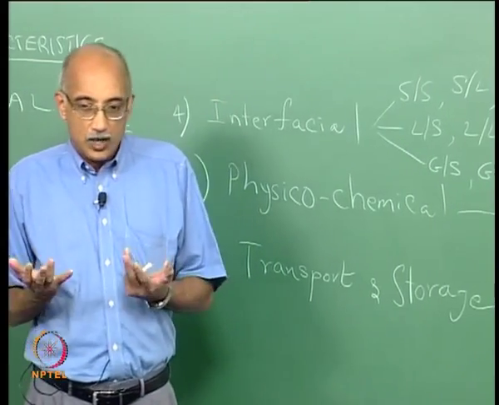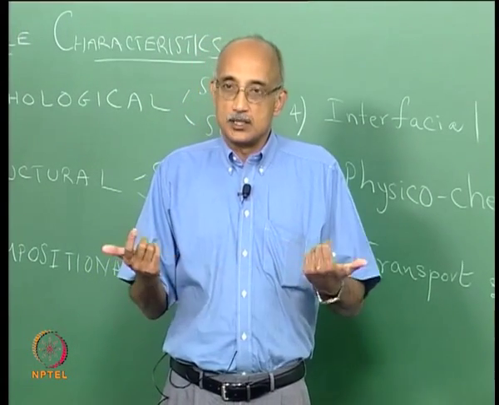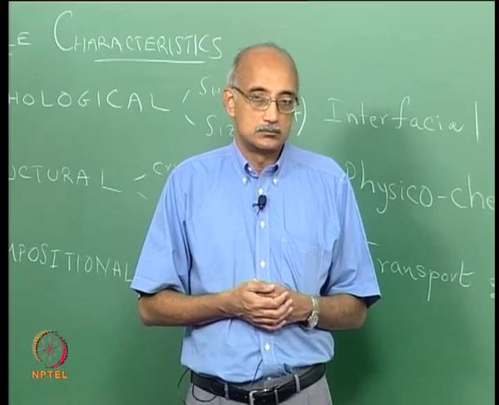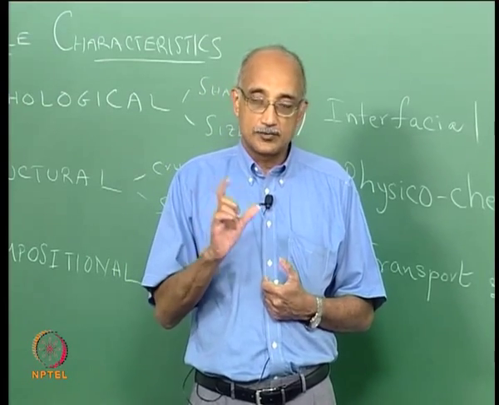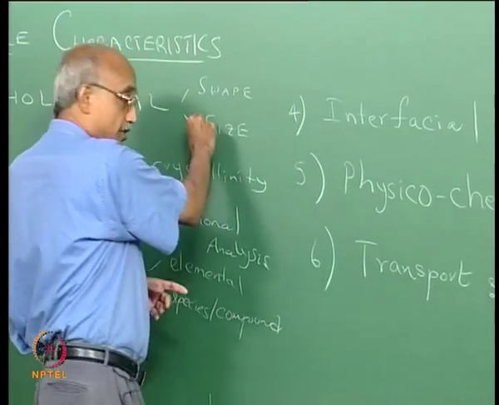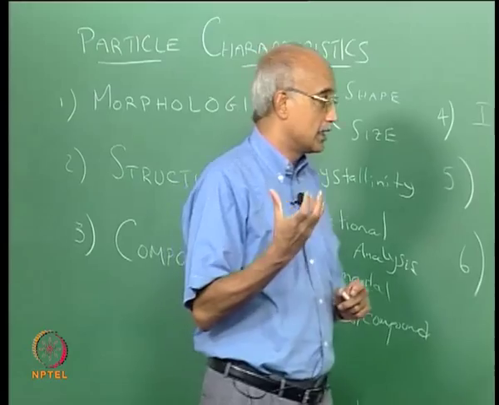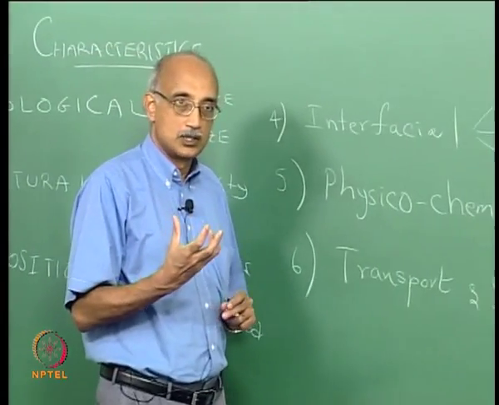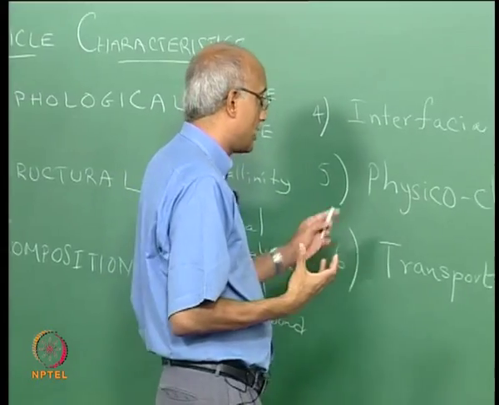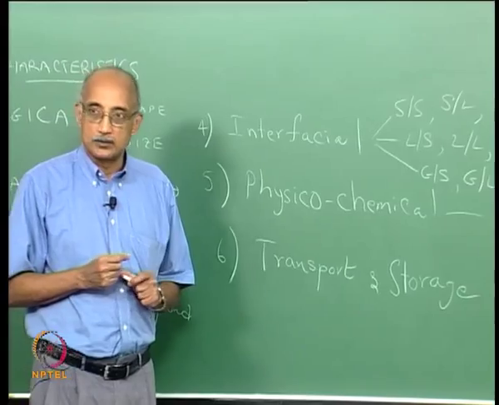Now, what are some common physical properties of particles you can think of? Density, right? Hardness, roughness. Now, surface roughness, you can actually classify it either as a morphological parameter, because the surface roughness of a particle can have an influence on its appearance as well, but certainly it will affect many of the physical properties of the particle.